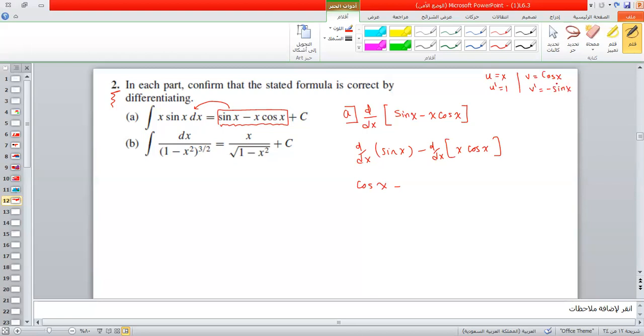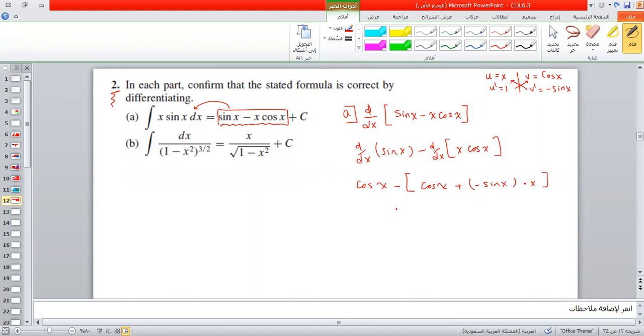This is the product rule in brackets, with the minus outside: u prime v plus v prime u. Negative sine x times x.